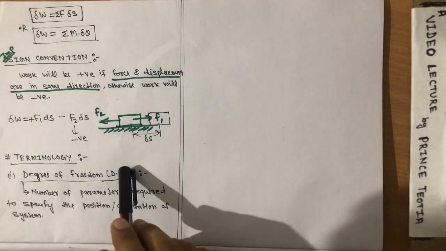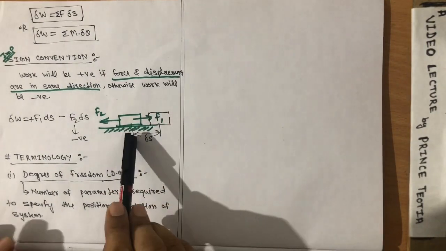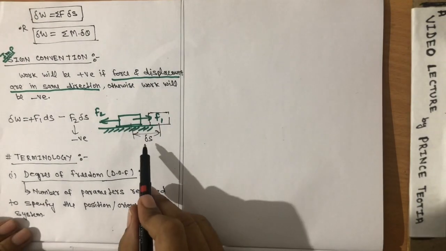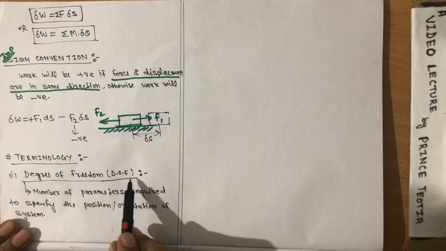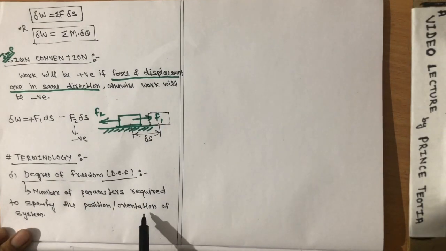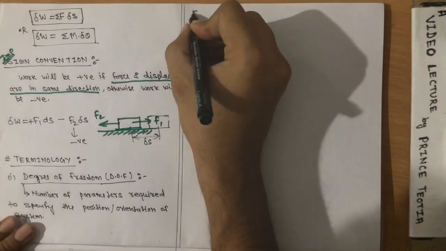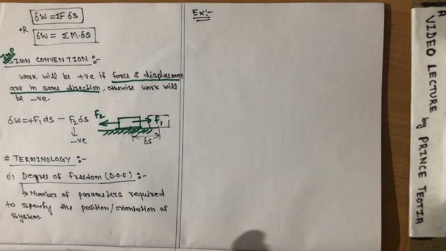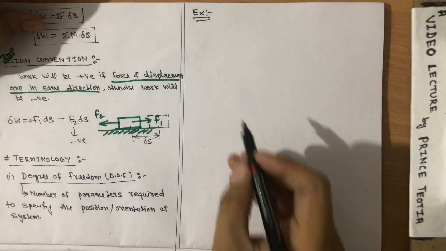We cannot assume the delta S in any direction; there are some restrictions. So the degree of freedom is the number of parameters required to specify the position and orientation of the system. For any system, it is the number of parameters we require to specify the position.